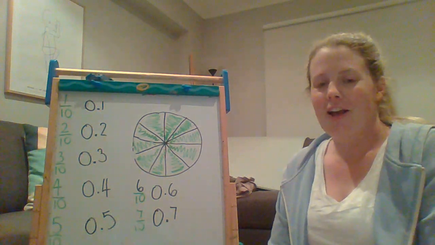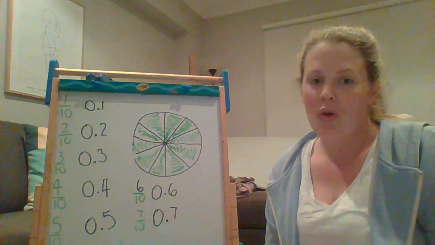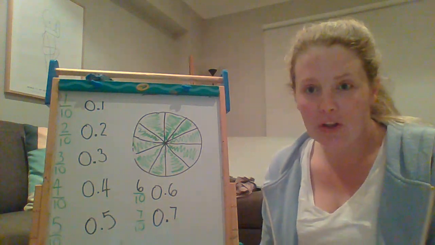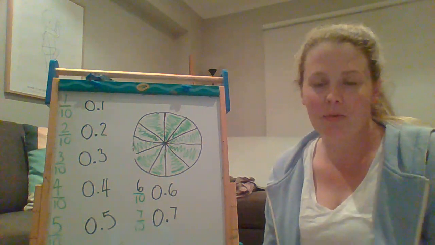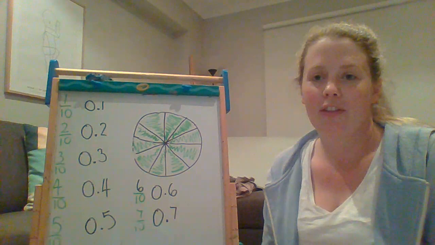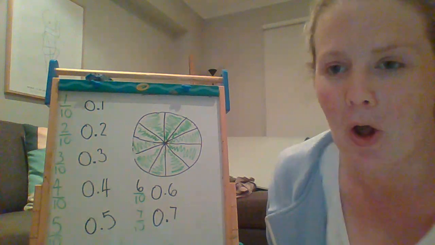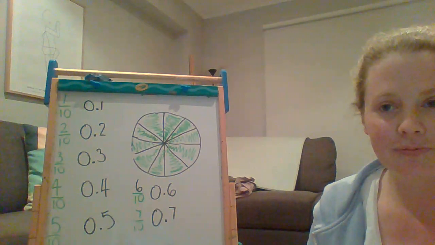All right. Now I'm going to give you a bit of a challenge. I would like you to write down what 8/10 would look like as a decimal, and what 9/10 would look like as a decimal, but not 10/10, because that would be a whole. So have a go now.